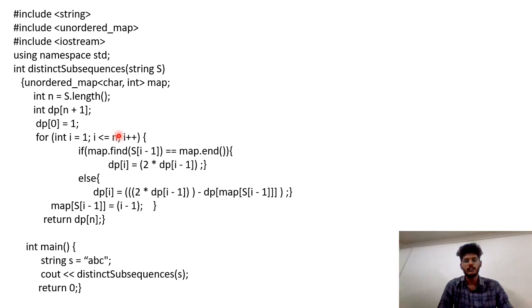Later we come to the for loop. We iterate through the string. If we take the first element and it is not found in the map, it means it is not a duplicate. So it will be twice the previous number of substrings, as we discussed.